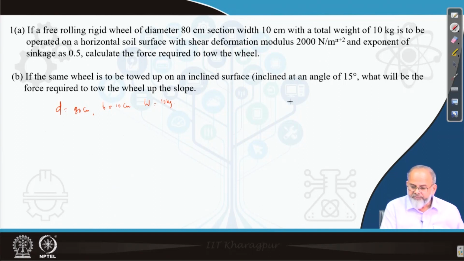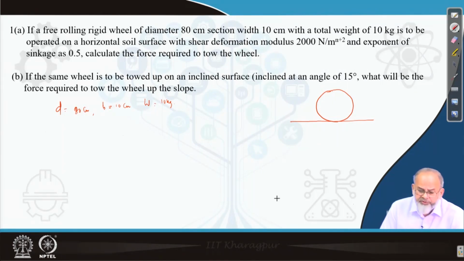Now, if a wheel is there and we want to find out the rolling resistance, this is a horizontal surface as I said. Then the first thing is what is the sinkage and what equation you are going to utilize.